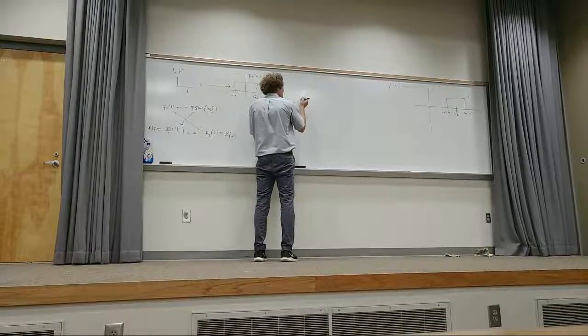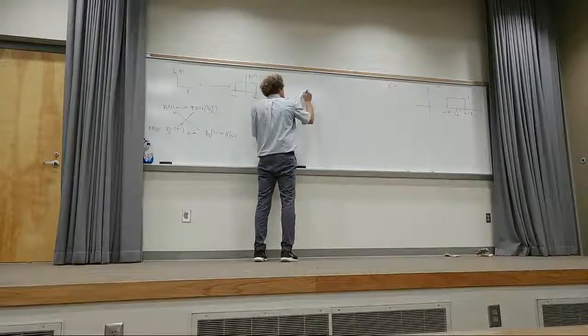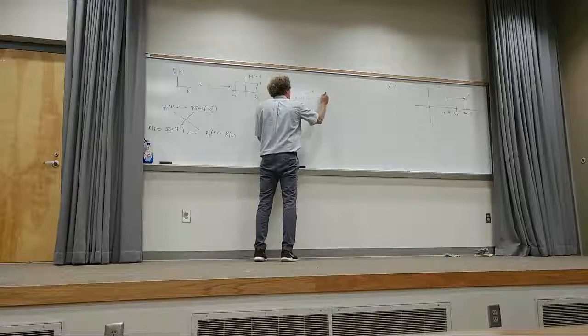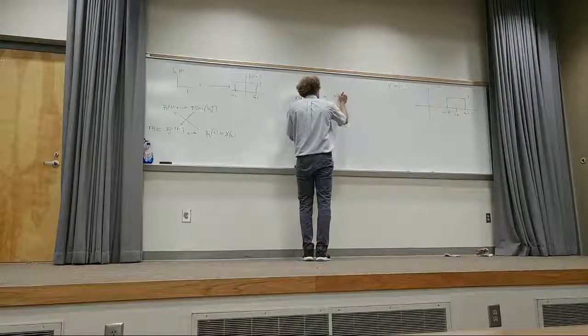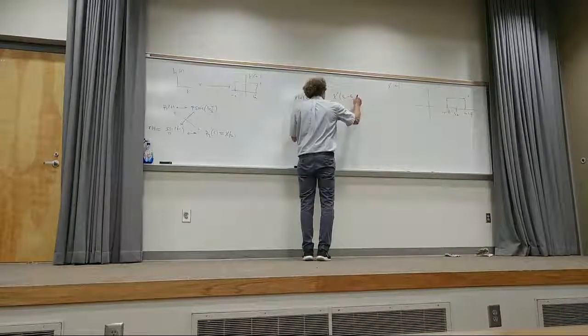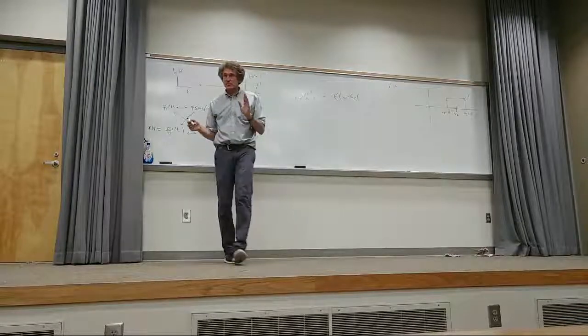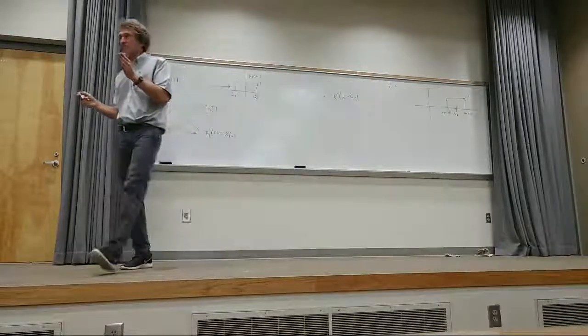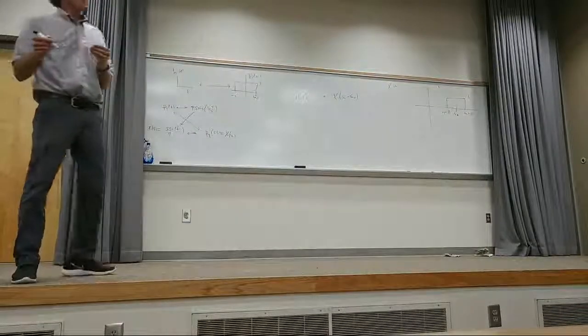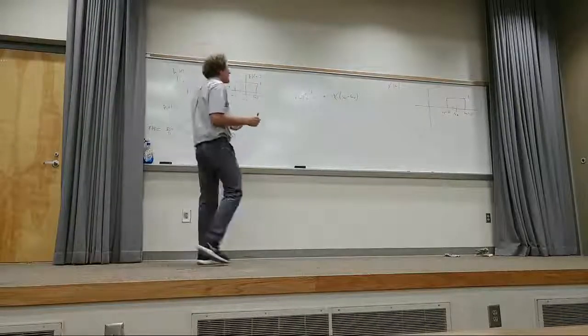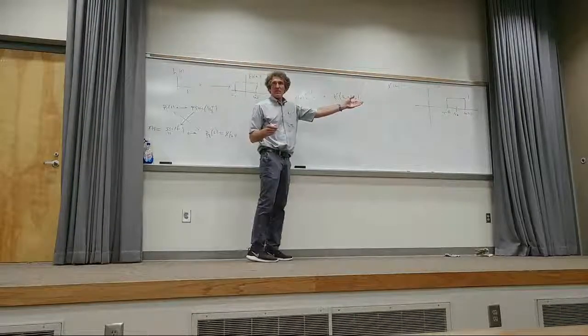All right? We know if we have any function x of t times e to the j omega naught t, that transforms as x of omega minus omega naught. Do you follow me on that? Agree? That just frequency shifts whatever you had as x omega out to omega naught, right?